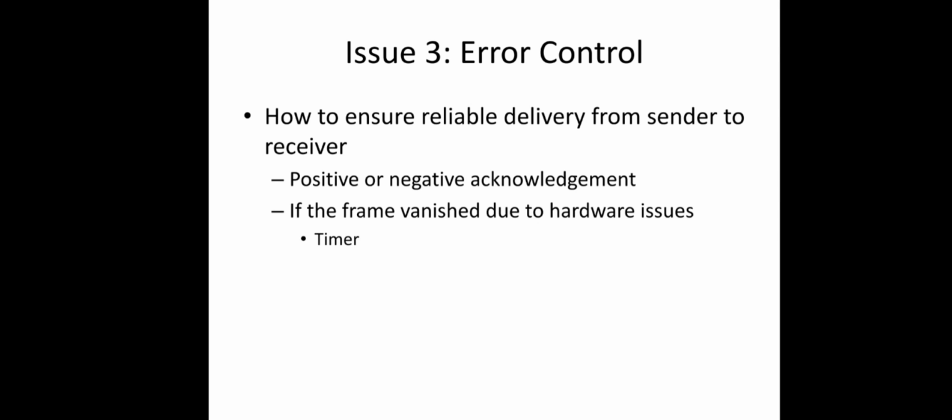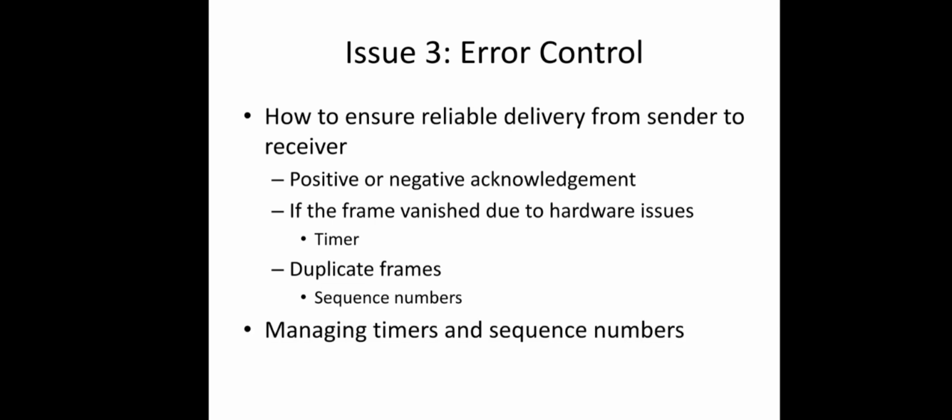How to solve this duplication? Using sequence numbers, the sender will put a sequence number on every frame, and using it the receiver can identify whether a frame is a duplicate or an original. So this solves the duplicate frame issue.